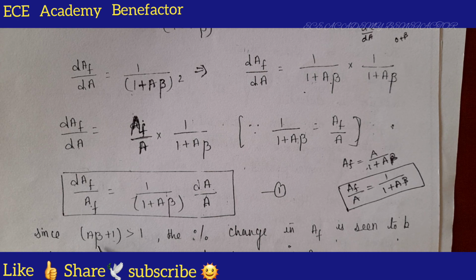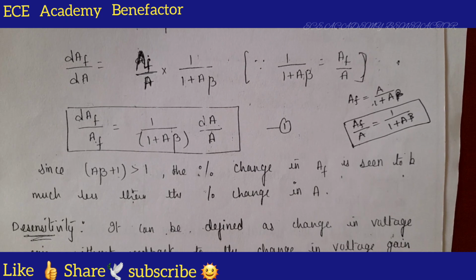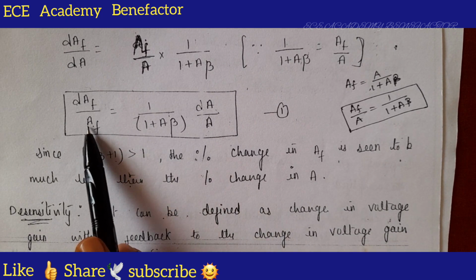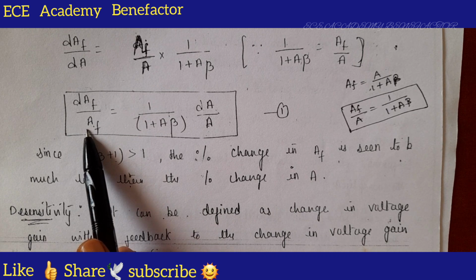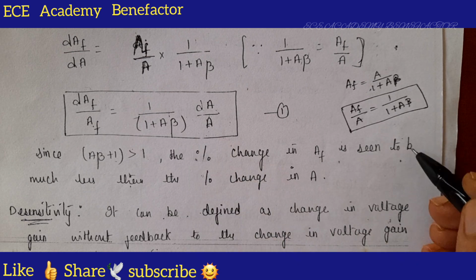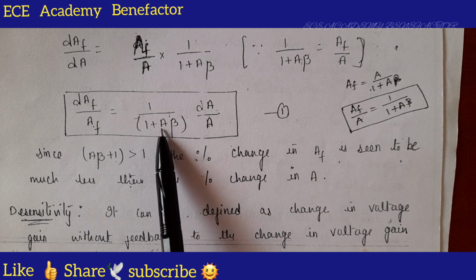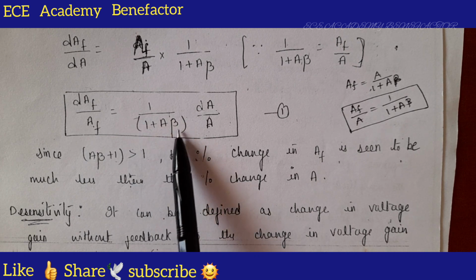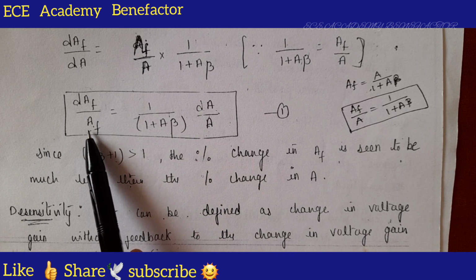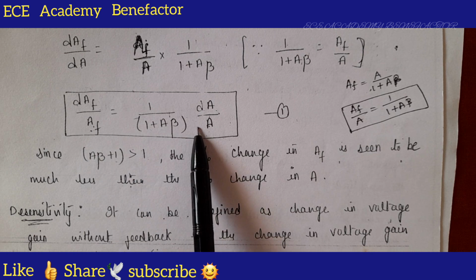Since A beta is very large compared to 1, the percentage change in AF is seen to be much less than the change in A. So as 1 plus A beta is definitely greater than 1, the percentage change in AF is going to be very, very less compared to the percentage change in A.